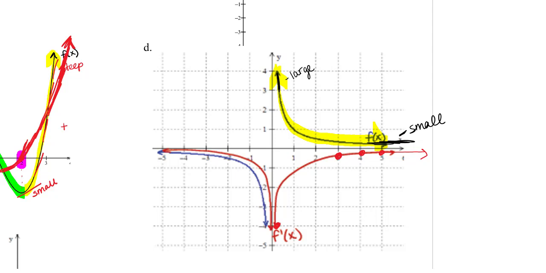So if I look at the other side of this graph, this blue function, I just highlighted that in yellow as well. To the left of the y-axis, these slopes of these tangent lines are also negative the whole way through.